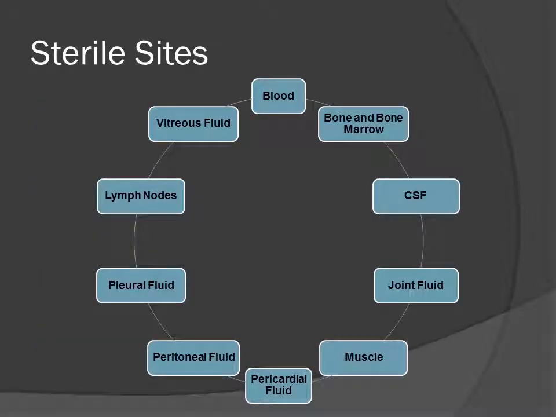So we take a look at the different sterile sites of the body because they're obviously not supposed to have any bacteria present. When you get a sample from one of these areas and it does have bacteria in it, you have to ask yourself, is this contamination or is this infection? Sterile sites in the body include the blood, the bone and bone marrow, cerebrospinal fluid, joint fluid, muscle, pericardial fluid, peritoneal fluid, pleural fluid, lymph nodes, and vitreous fluid.